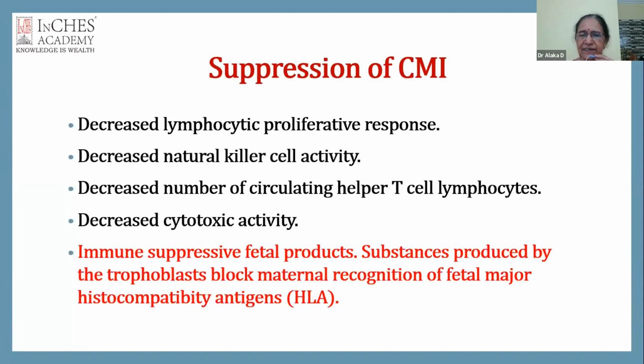Otherwise it will react to her own fetus, and therefore there is a suppression of cell-mediated immunity, decreased lymphocytic proliferative response, decreased natural killer cell activity. We'll do this all next time. Immune suppressive fetal products: even fetal products suppress the mother's immunity so that the fetus can survive.